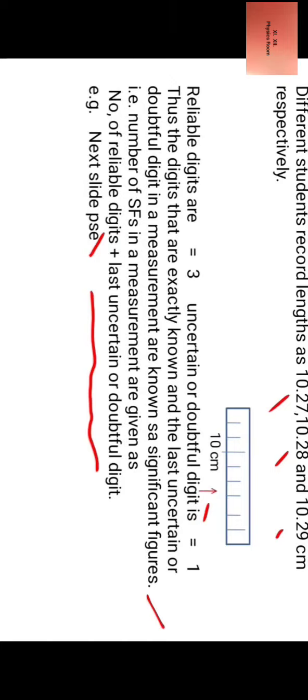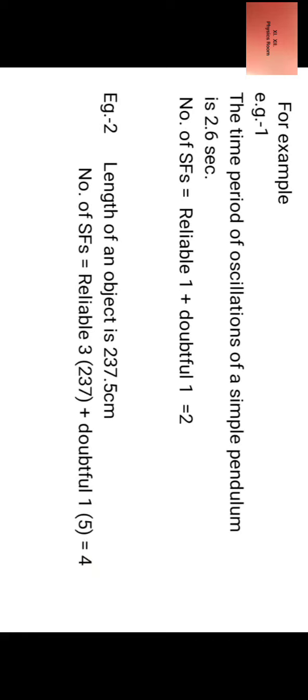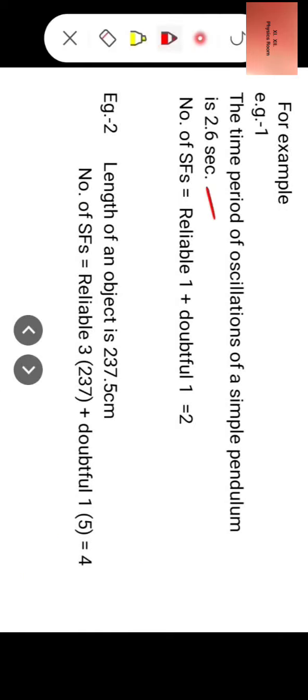Now we illustrate it with examples. For example, the time period of oscillation of a simple pendulum is 2.6 seconds. Number of significant figures is equal to reliable 1 plus doubtful 1, that is equal to 2.